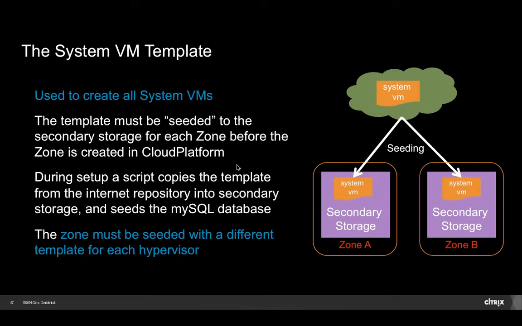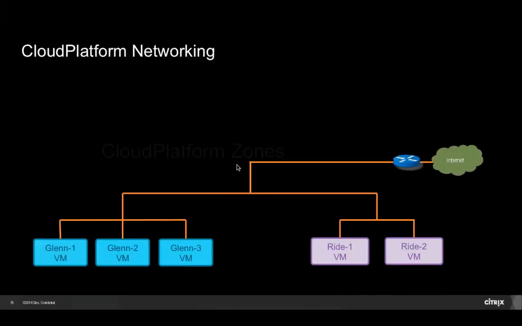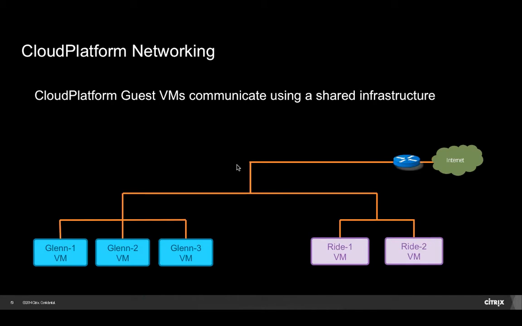The virtual router system VM is a very important one. It performs a lot of tasks around offering DHCP, DNS, load balancing, VPNs, firewalls, you name it. Lots of very important services that your virtual private cloud is going to require.